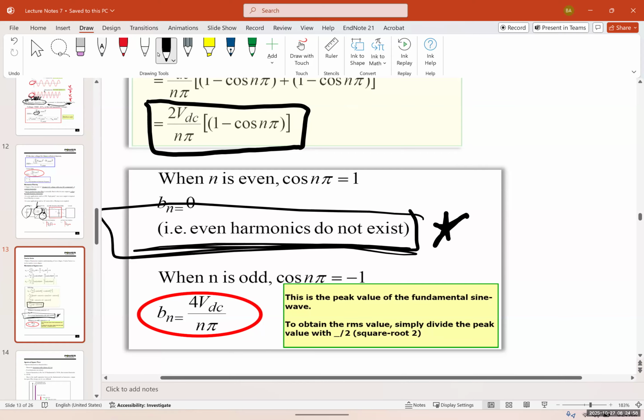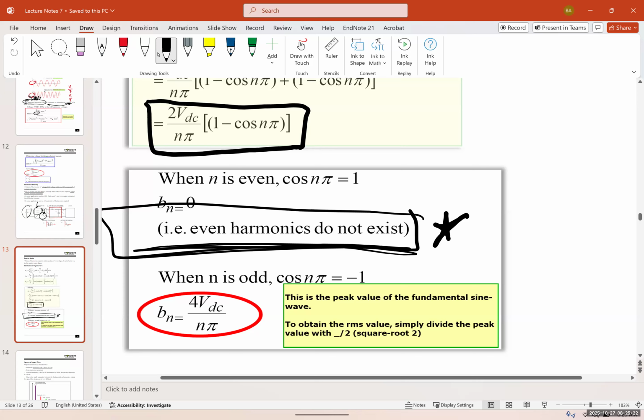So when n is odd, cosine of n pi is going to be equal to -1. Therefore, Bn would be 4 VDC over n pi. This is the peak value of the fundamental sine wave. To obtain the RMS value, simply divide the peak value by square root of 2.